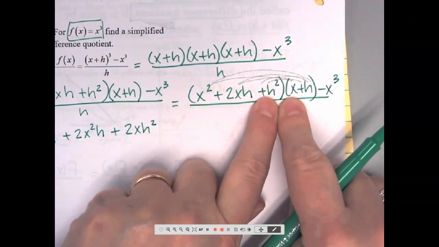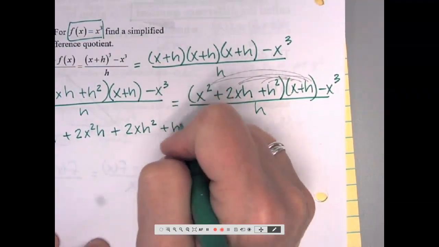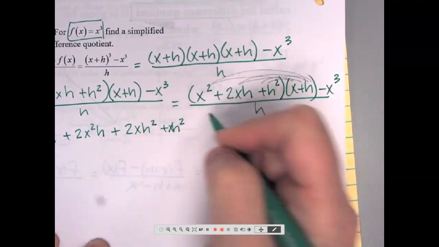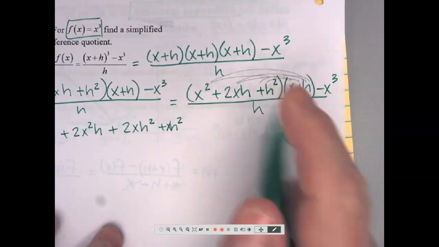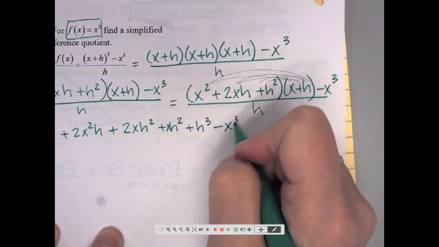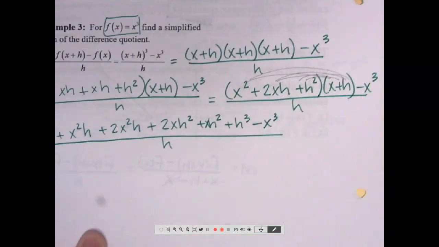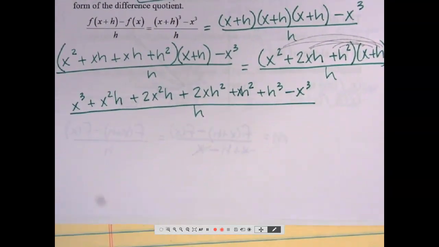Now distribute the h squared. h squared times x is h squared x, or xh squared. h squared times h is h cubed. And then don't forget your minus x cubed, all over h. Not hard, but definitely messy.